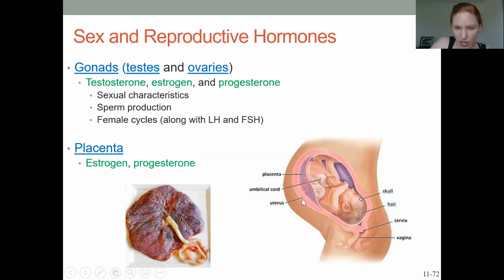The placenta is this organ right here, and it is found when the embryo embeds itself. Part of it is called the chorionic, and the chorionic can develop into the placenta. And the primary function of the placenta is to bring oxygen and nutrients and antibodies to the fetus to keep it alive.